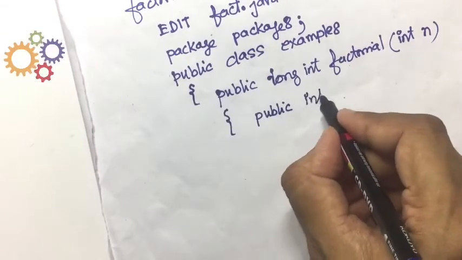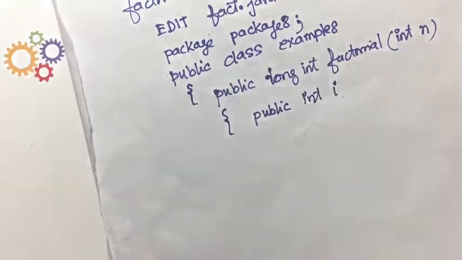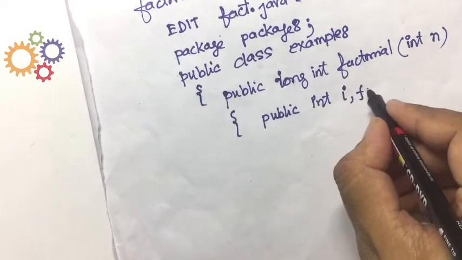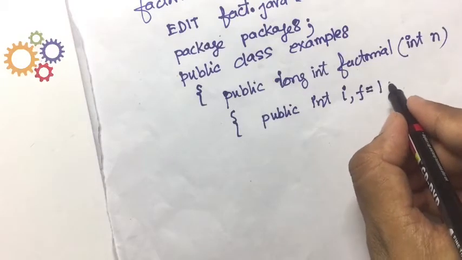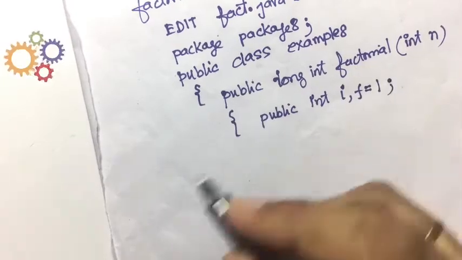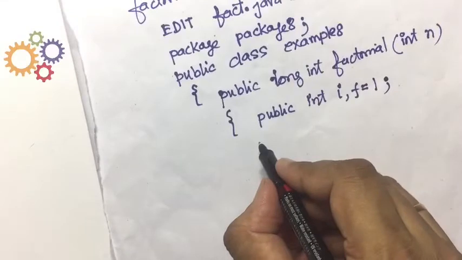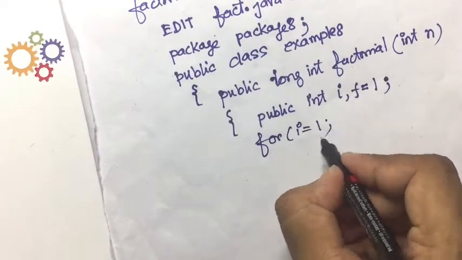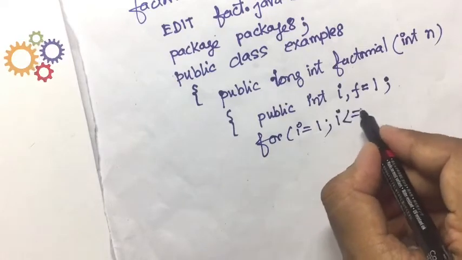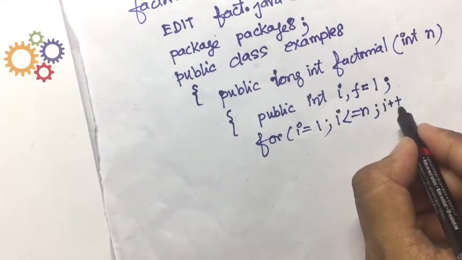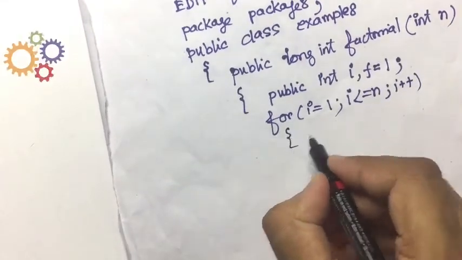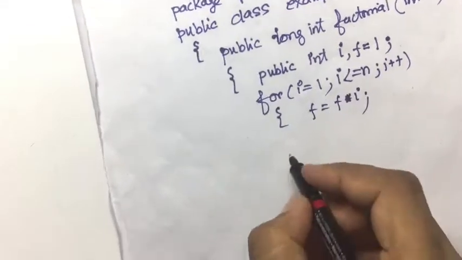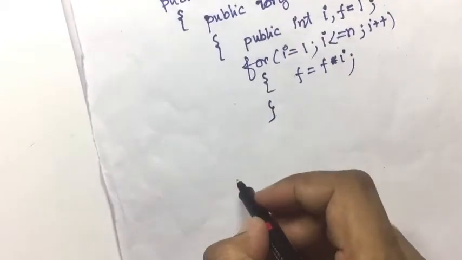Public int, suppose i is required. We need a variable f that is assigned as 1, and there is a for loop for i equal to 1, i less than or equal to n, i plus plus, then f equal to f into i, and this is the end of the for loop.